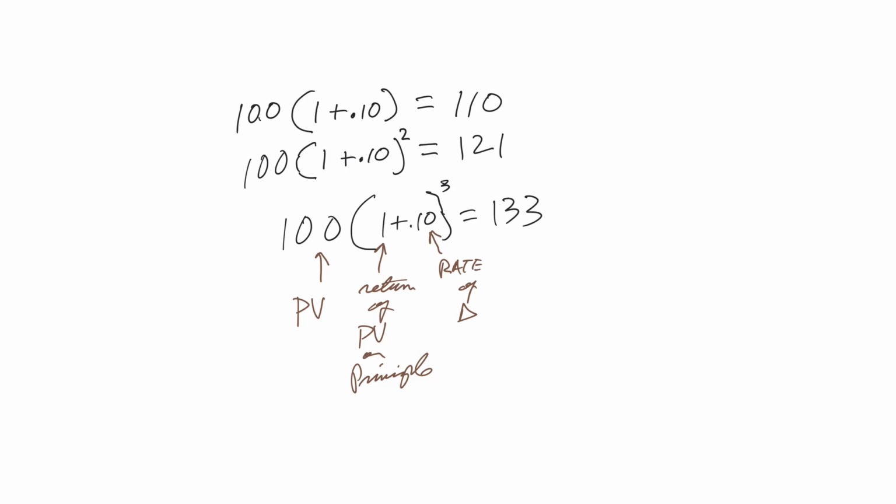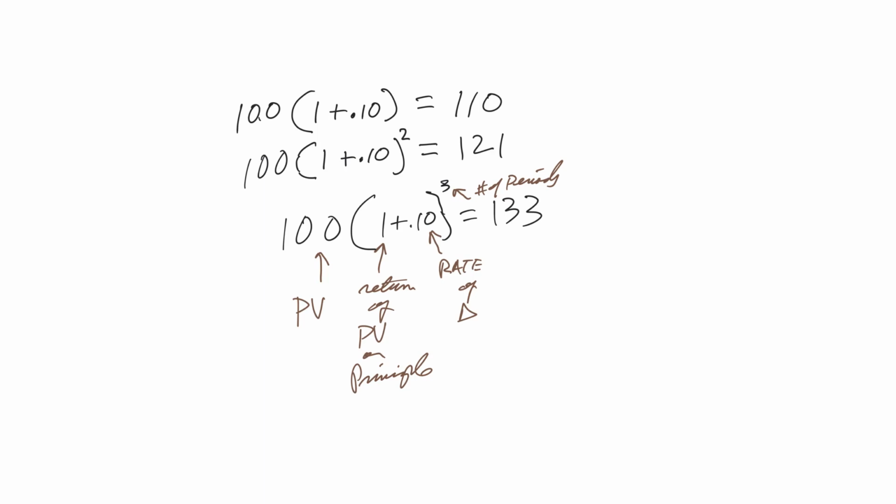And this is the number of periods. That's the number of periods we're investing for. Okay? Now, the periods could be years, the periods could be quarters, the periods could be months or days.